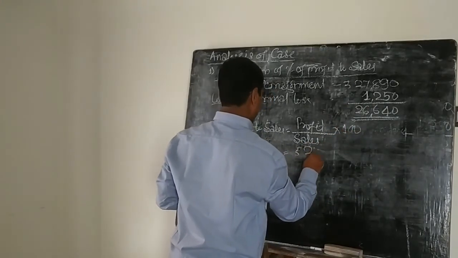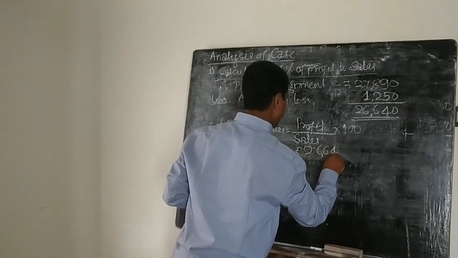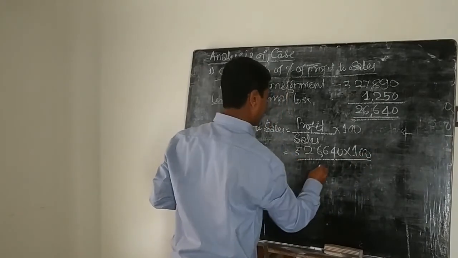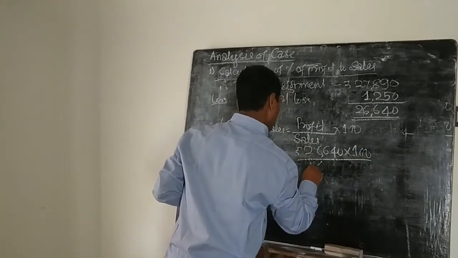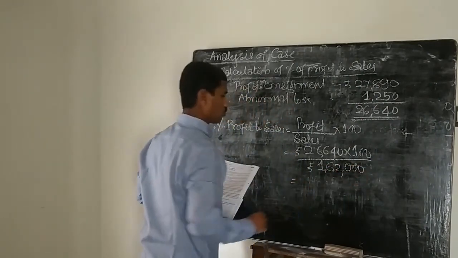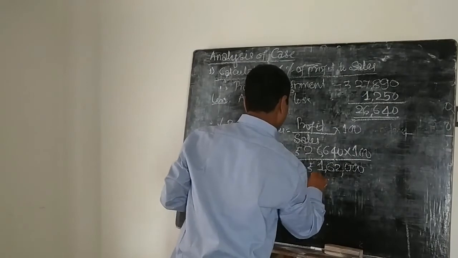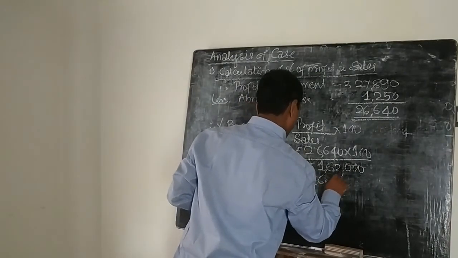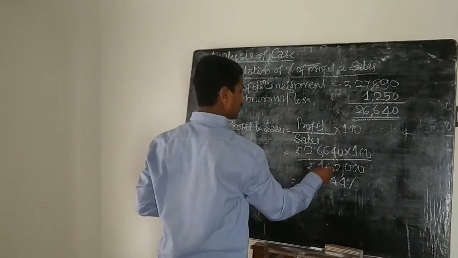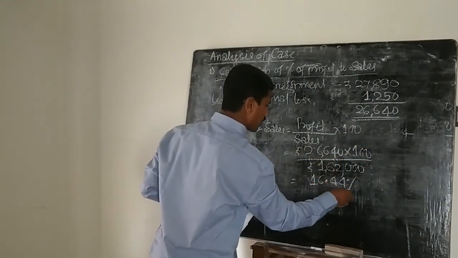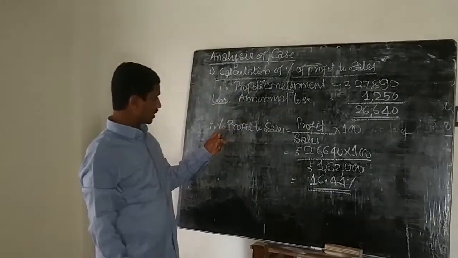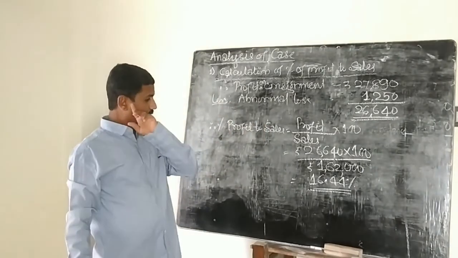So 26,640 into 100 divided by 1,62,000, which is the sales. Roughly you will get 16.44%. This is the percentage of profit to sales.